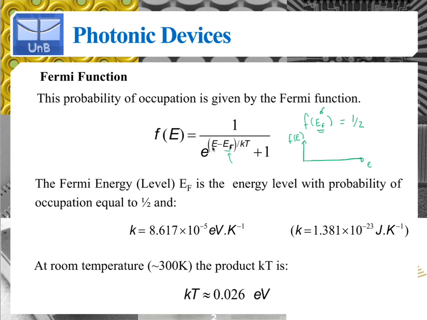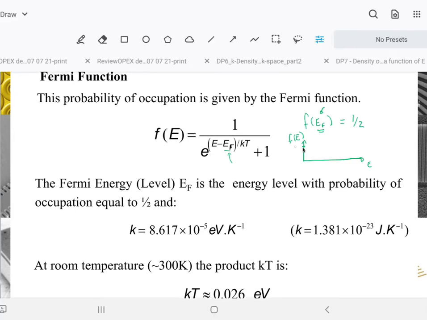It becomes zero as the exponent goes to minus infinity. So 1 divided by 0 plus 1 is 1. For very small energy, the Fermi function is equal to 1, and it will have some behavior here. As we saw, for the Fermi level this would be equal to 1/2.